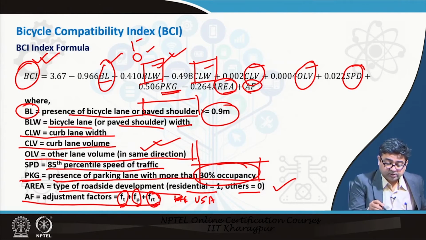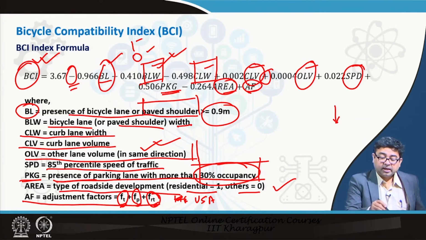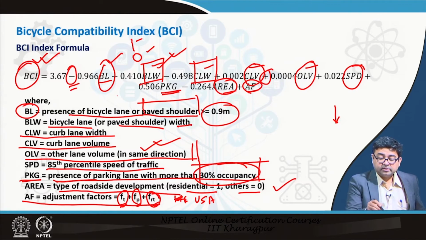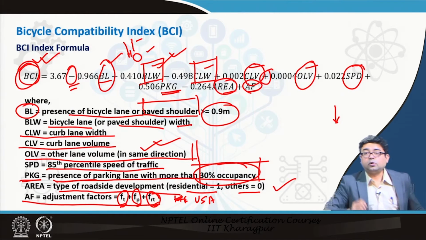You have to also look at their signs in order to understand their impact on BCI. If it is a negative sign, the bicycle compatibility index is going to decrease by the presence of a bicycle lane. If it goes from 1 to 0, that means there are no bicycle lanes, so this is a reduction, and the bicycle compatibility index, with its negative sign, will go up.